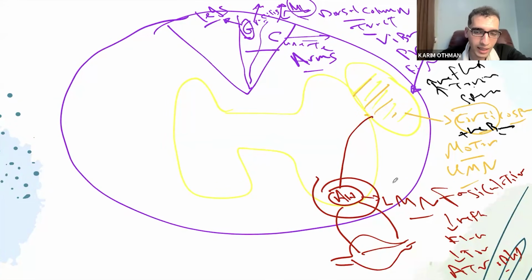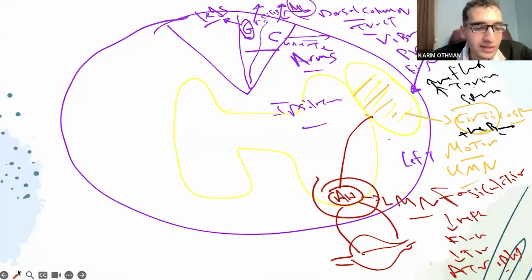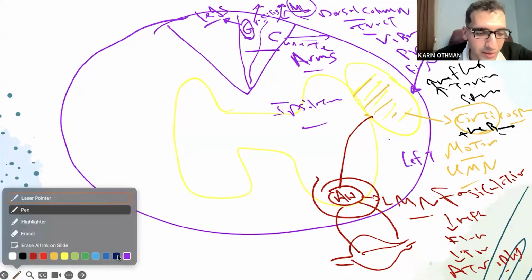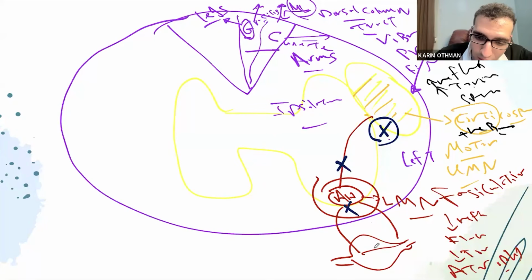And these tracts, guys, are ipsilateral. So if you affect the corticospinal tract on the left, so let's say this is the left side. Let's visualize it. We don't need to remember it. Let's say we are affecting literally the corticospinal tract on the left. Then you will affect the body or the muscle on the left also. Can you see? We didn't even cross, right? We didn't even cross.